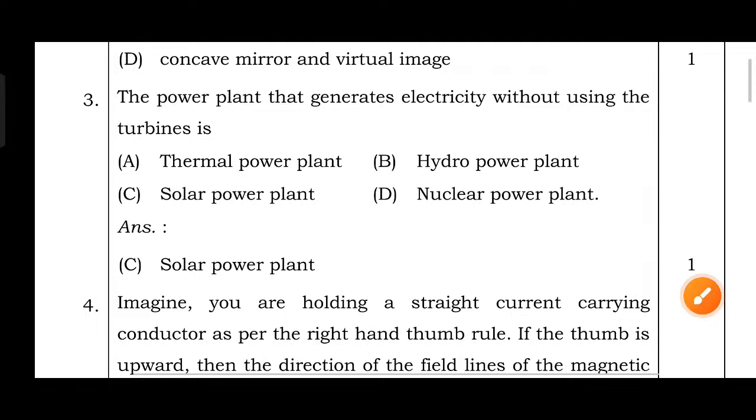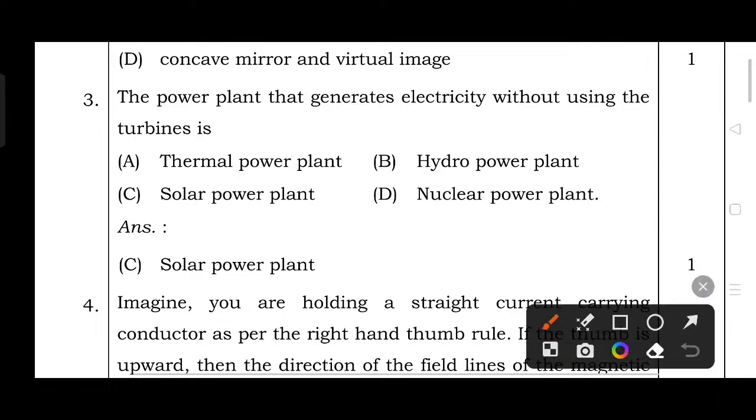The power plant that generates electricity without using a turbine. Thermal power plant, hydro power plant, solar power plant, nuclear. Thermal power plant, hydro power plant, nuclear power plant, all these generate electricity with the help of a turbine only.